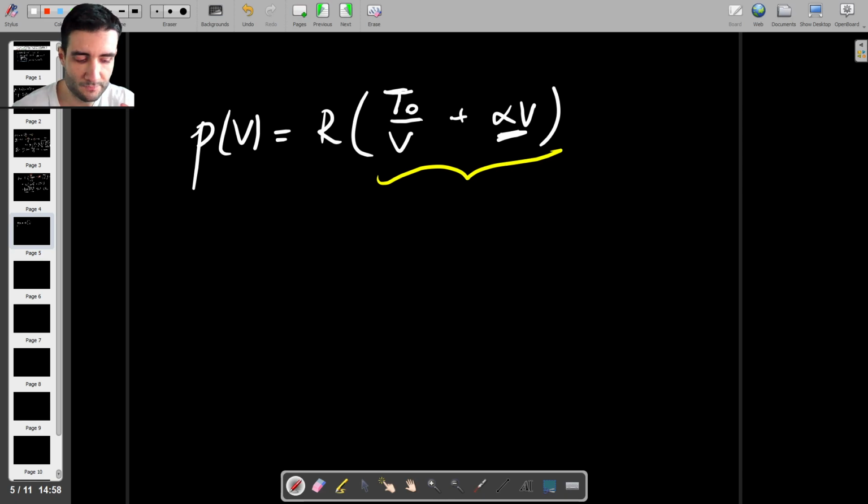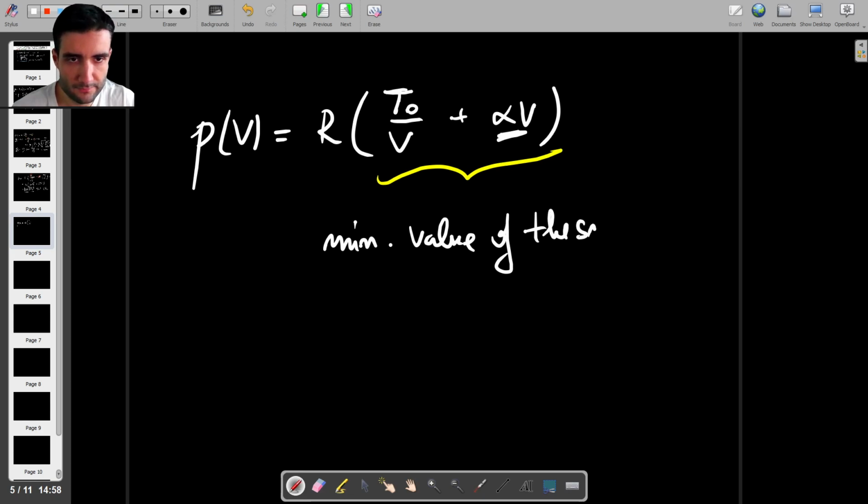If you have a sum of two terms, the minimum value of the sum happens if the two terms are equal to each other.